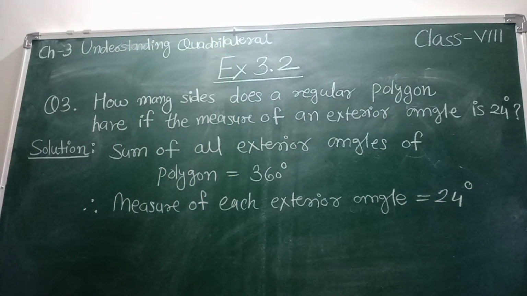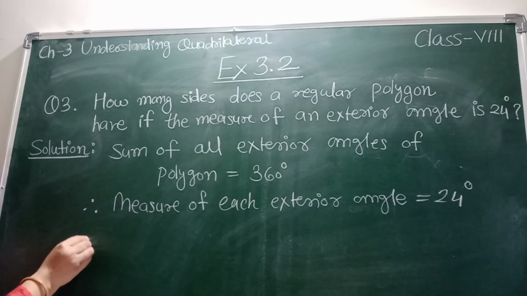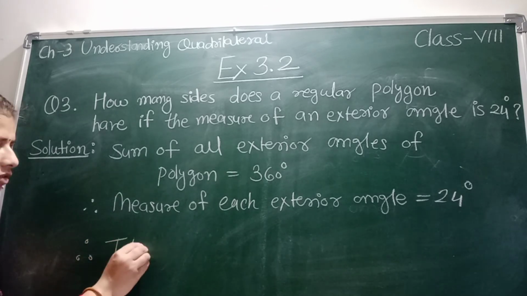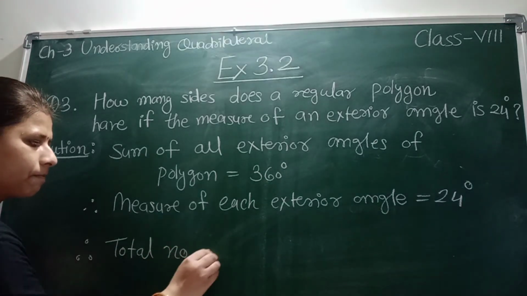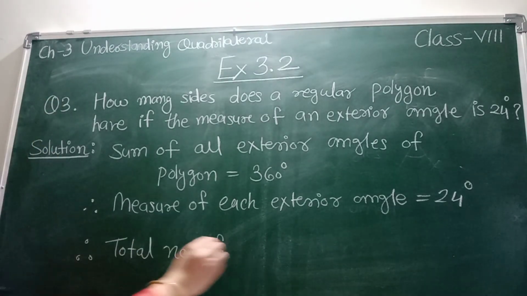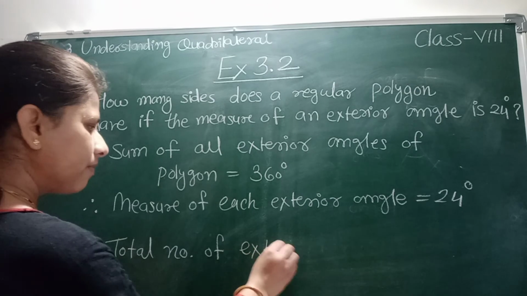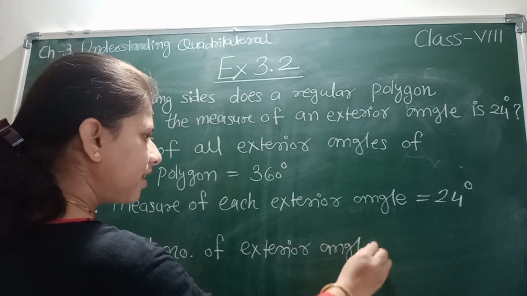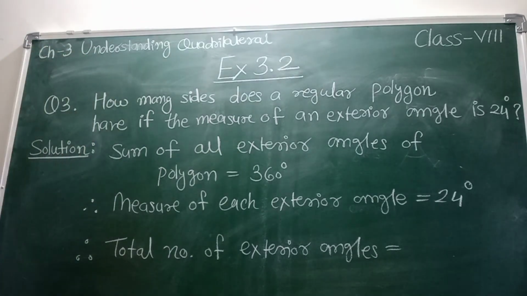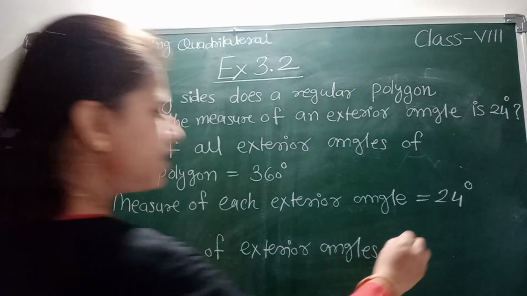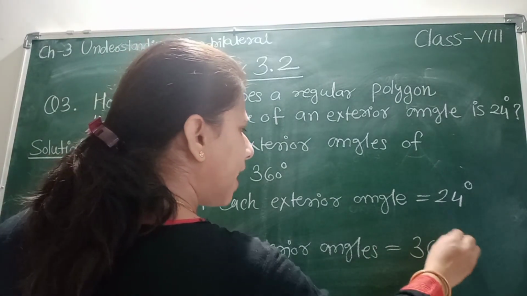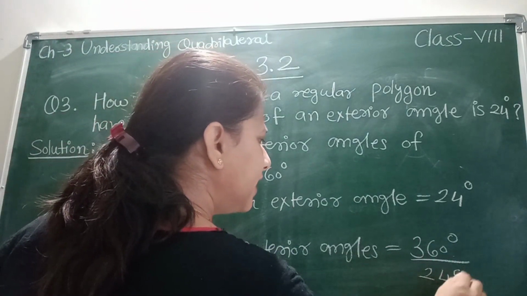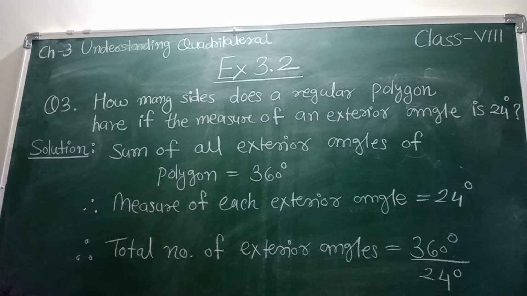Now student, therefore the total number of exterior angles. How can we find the total number of exterior angles? If we divide this 360 degrees by the measure of each exterior angle, then we will get the total number of exterior angles.